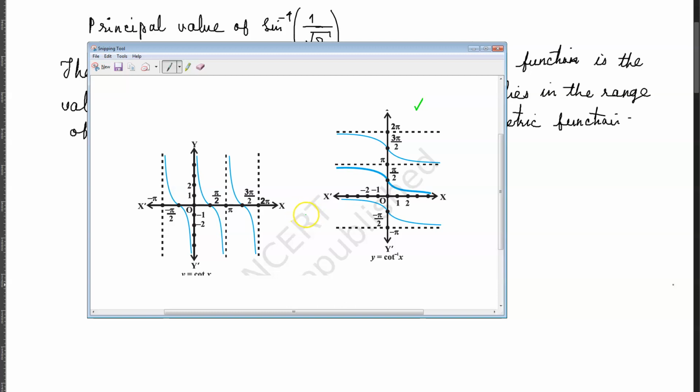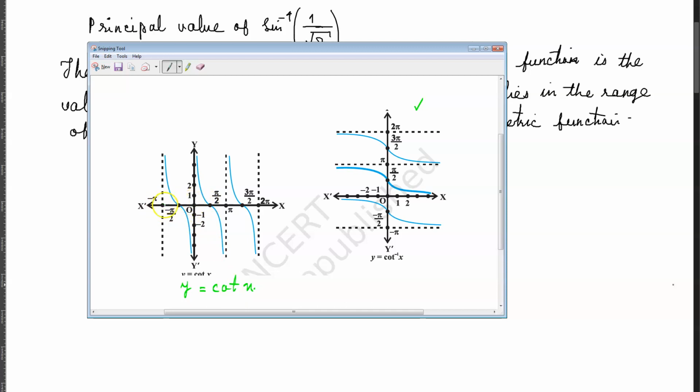So which means that, since I have y equal to cot x, I can restrict the domain of this function to, for example, negative pi to 0.